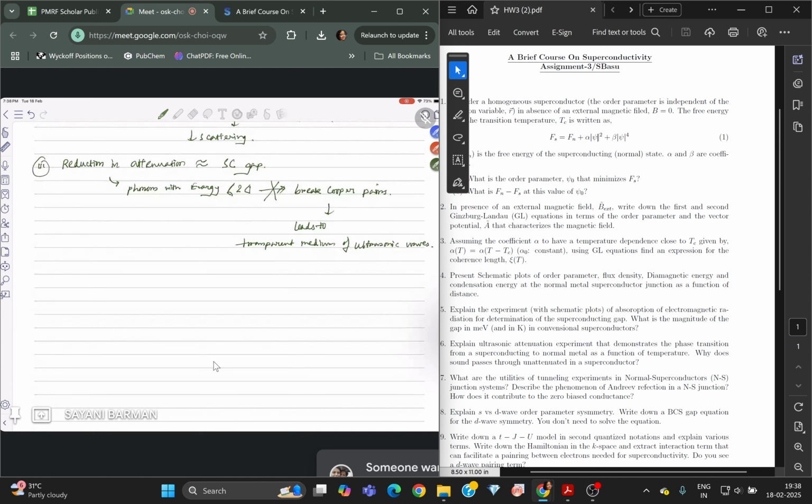Right. Now the fourth finding would be the attenuation coefficient follows an exponential decay below TC. So this is how we write it.